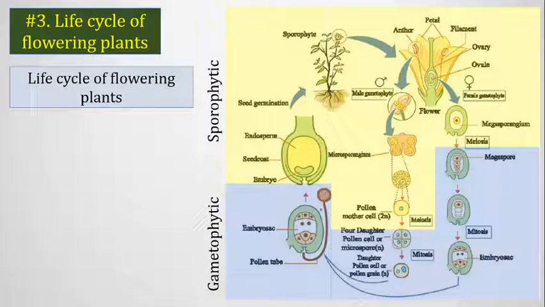And now we will discuss the life cycle of a flowering plant, which is also called the alternation of generation in a plant. We can divide the life cycle of a flowering plant into two phases. One phase is called the gametophytic stage, the haploid state of a plant. And when the two gametes fuse together, it starts the sporophytic phase or diploid phase.